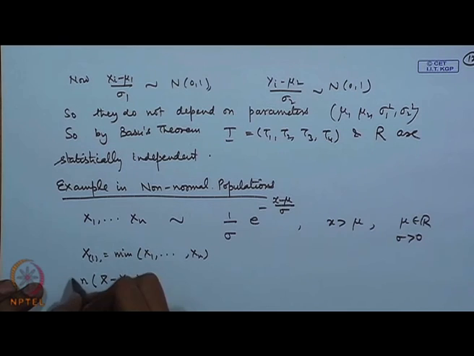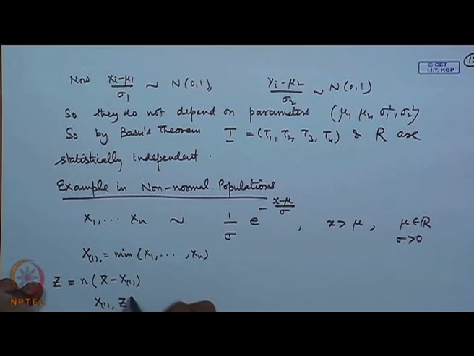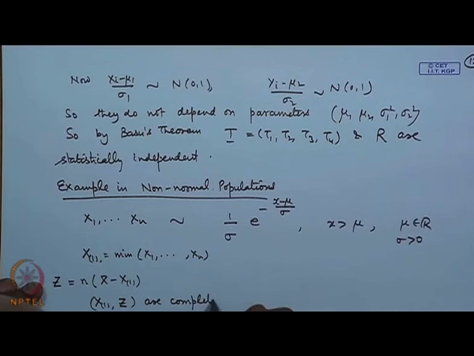let me give some name to this, let me call it say z, then x 1 and z are complete and sufficient.